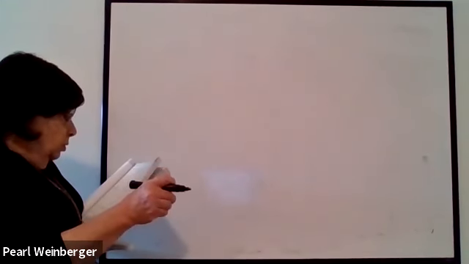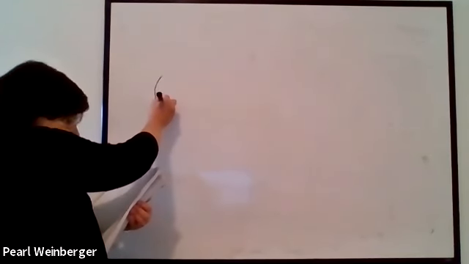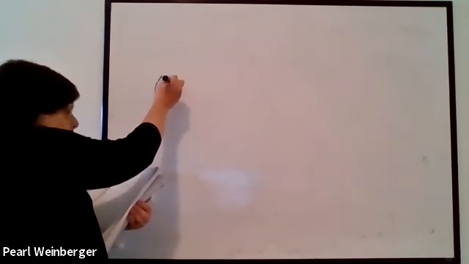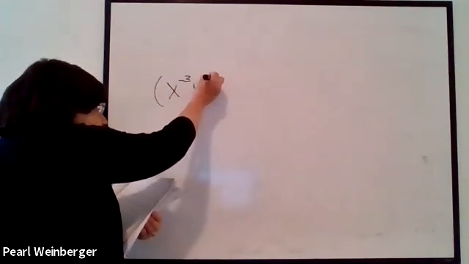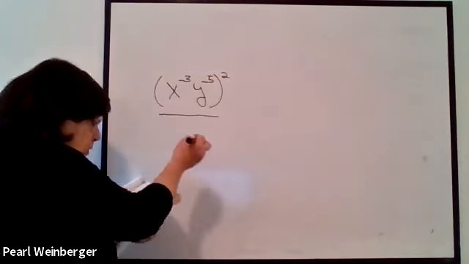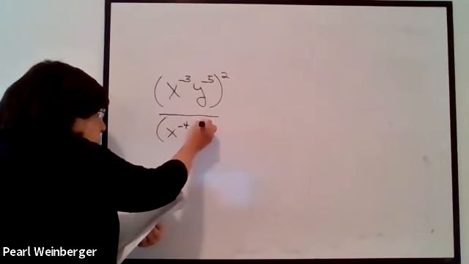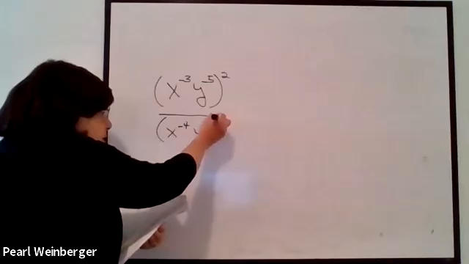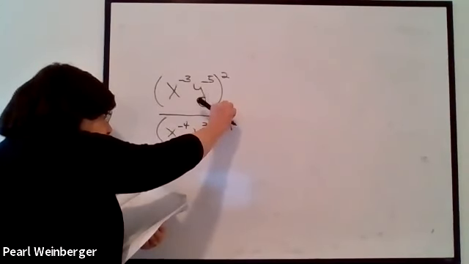Let's say you have this example: (x^-3 y^-5)^2 over (x^-4 y^3)^4, all to the -4 power. See if we can simplify this as much as we can.